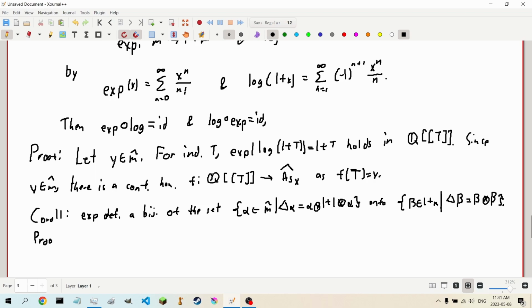And how do we know this? Let alpha be in M hat and beta be the exponential map of alpha. I guess we should write it as e to the alpha, which is a bit confusing, but it'll make the notation later on make a bit more sense.